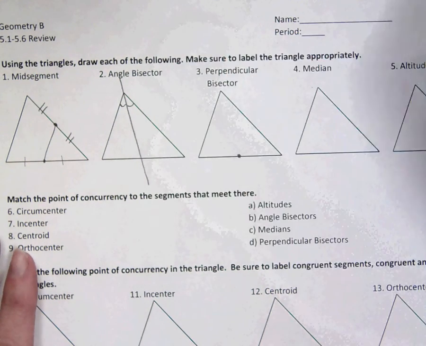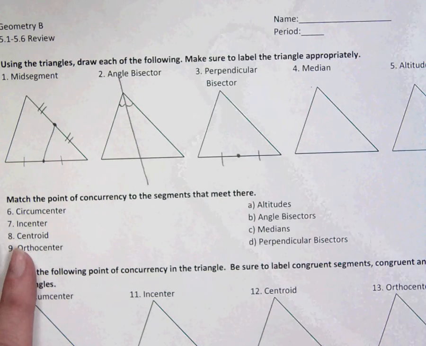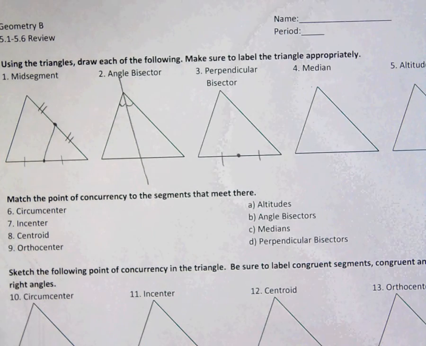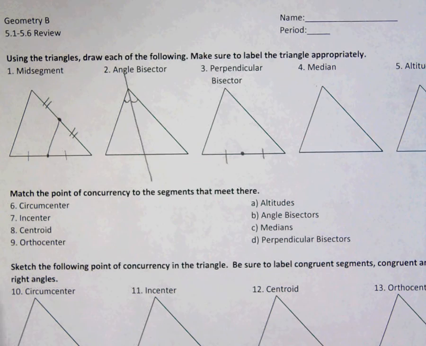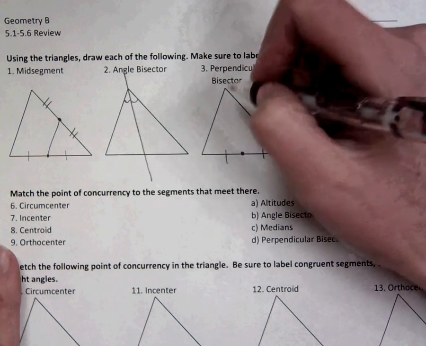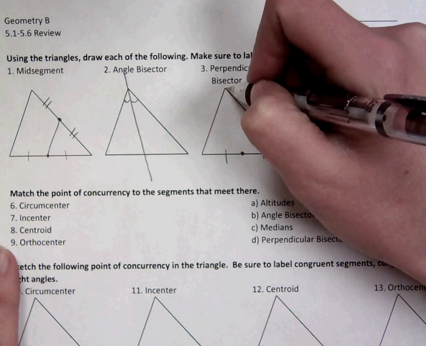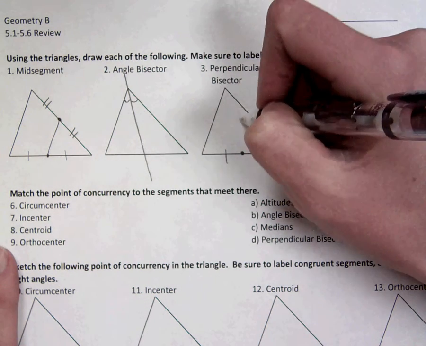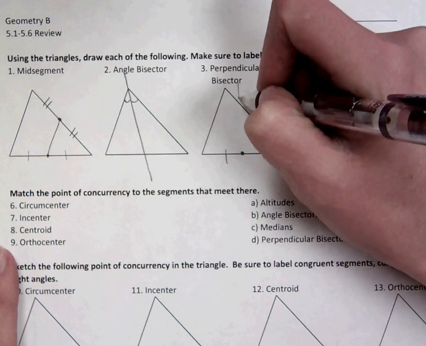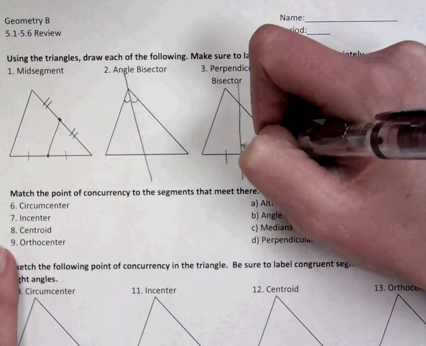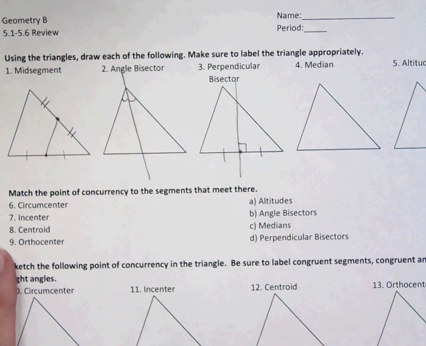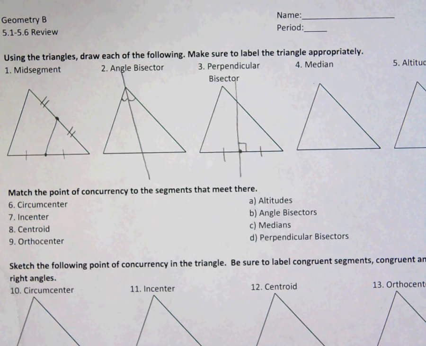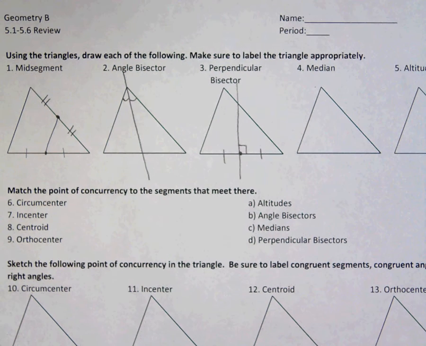So again, I'd say that's about the middle of that side. Now I have to draw a line that is perpendicular to that side, so it needs to make a right angle. A lot of us try to go from the vertex. You can't go from the vertex. I'm just going to look as close as I can to making a straight up and down line here that makes a right angle with that side. Okay? It's not going to go through the vertex. Could it? Sure, but it's not necessarily going to.